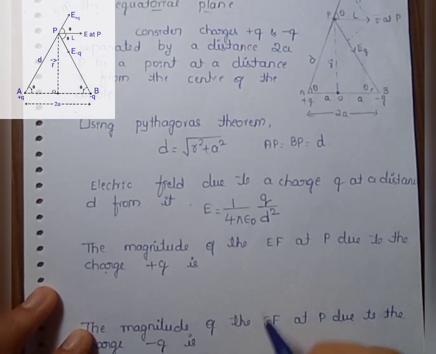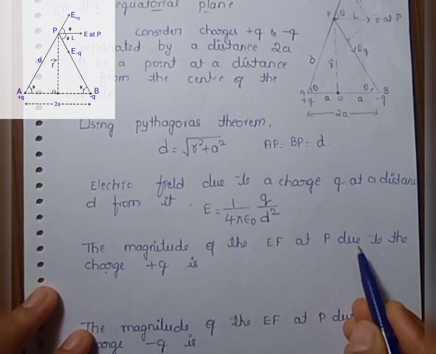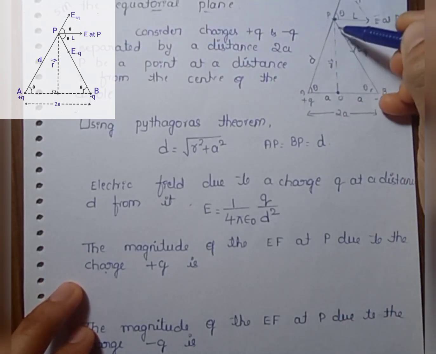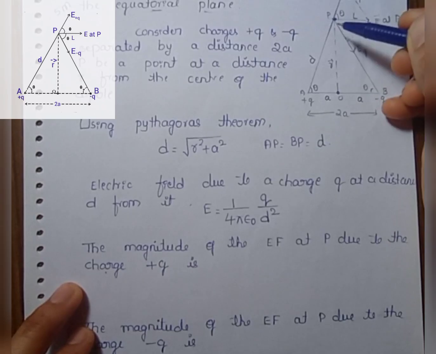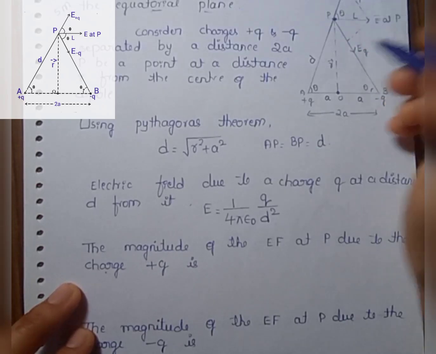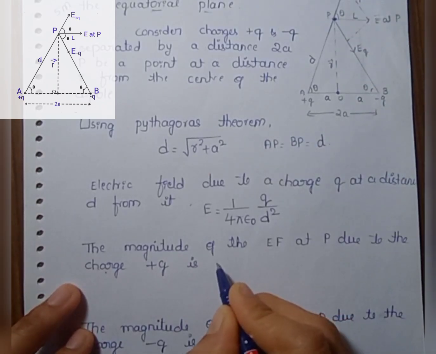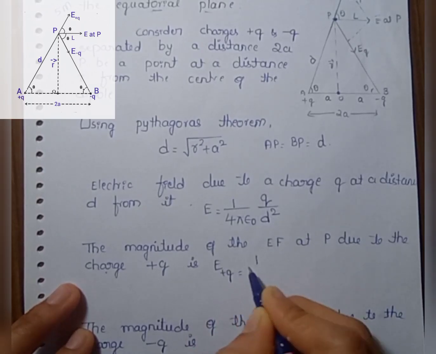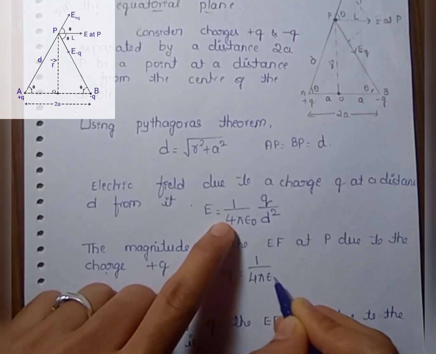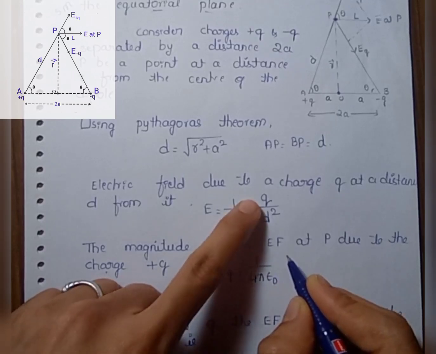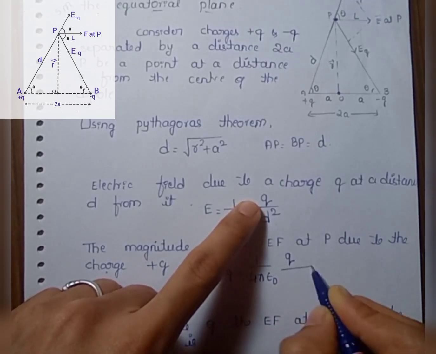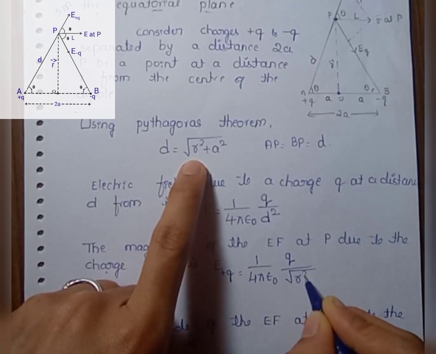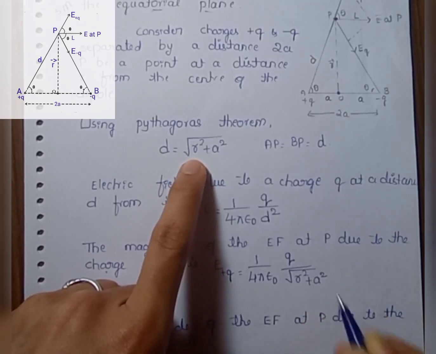Now the magnitude of the electric field at P due to the charge plus Q can be written as E plus Q is equal to 1 by 4 pi epsilon naught, same as before, plus Q divided by D square, where D is square root of R square plus A square.